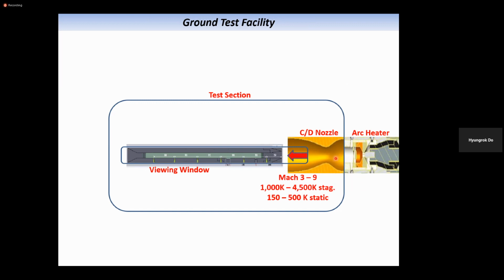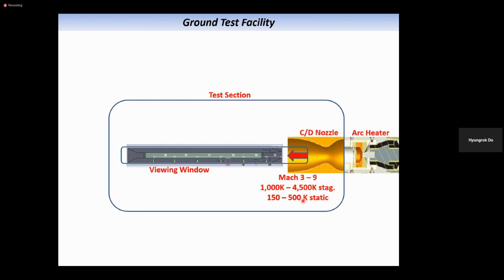It will be pressurized, and through the CD nozzle, it will be emitted, and the Mach number would be maybe 3 to 9, and the stagnation temperature could be up to 4,500 Kelvin. But the static temperature, as I explained before, would be between 150 and 500 Kelvin. At high altitude, where this high-speed vehicle is flying, the typical temperature is between 200 and 300 Kelvin, much lower than 300 Kelvin.